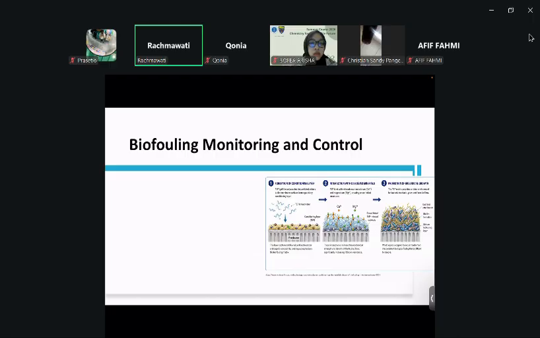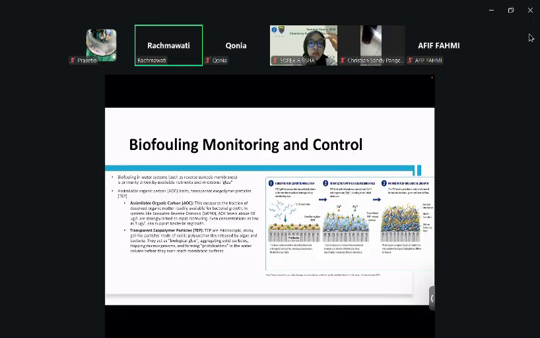And then for the monitoring and control of biofouling in water systems, it is primarily driven by the nutrients and microbial glue. So there could be assimilable organic carbon limits and also transparent exopolymer particles (TEP).